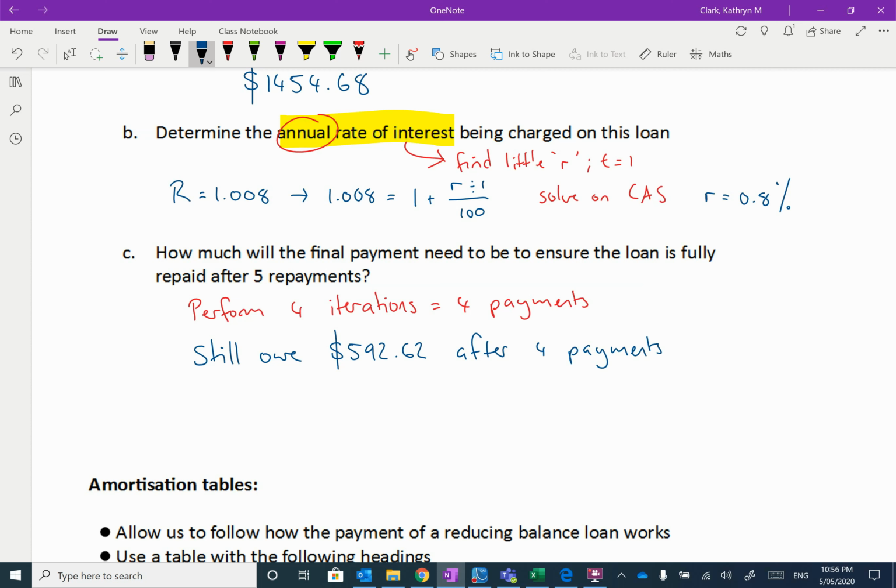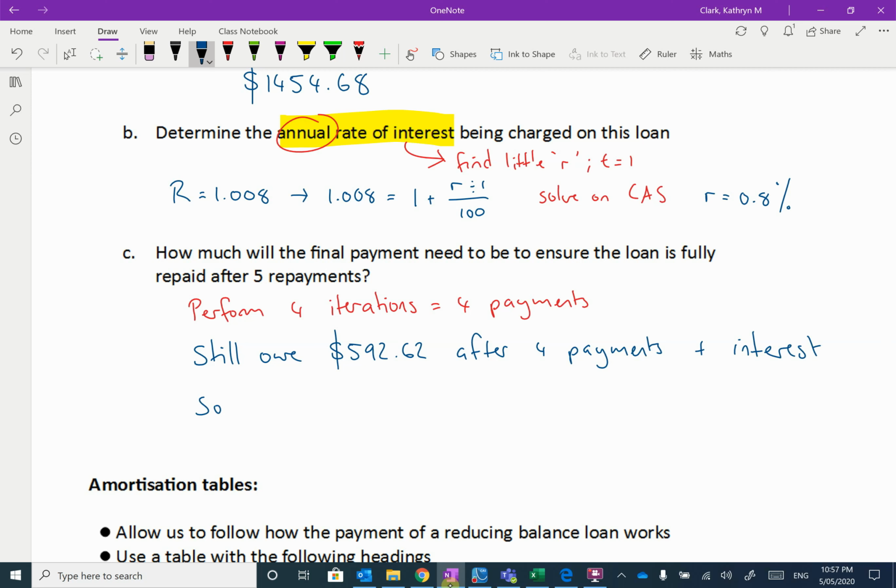Right, now there's 2 ways that we can solve this actually, because that amount that's still owing is still going to incur interest. So we need to add interest onto that, and that will be the final amount that we pay. And the interest is calculated by 1.008.